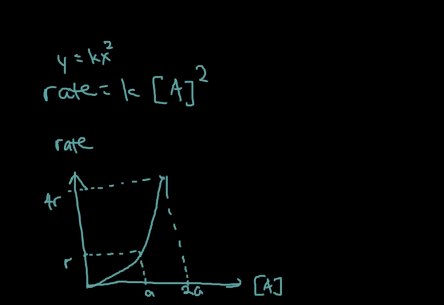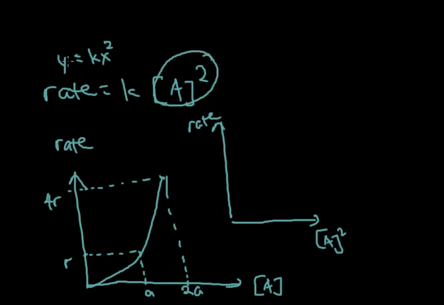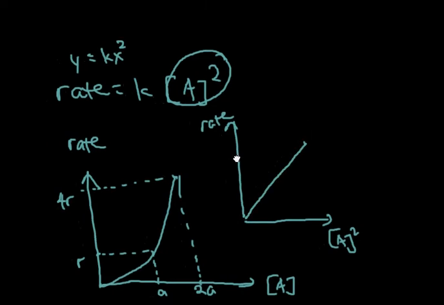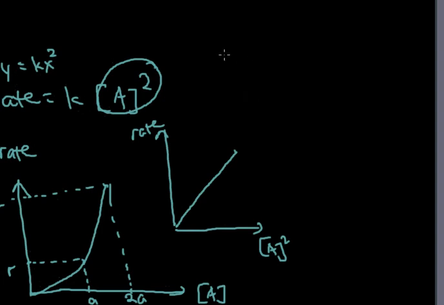How about the graph of rate against reactant concentration squared? Okay, I'm just explaining all the graphs here. Rate against reactant squared, or A squared. So A squared is the variable. So y equals rate equals K of A squared. So it's a straight line. And of course, reactant against time, we will know that it's not a constant half-life.